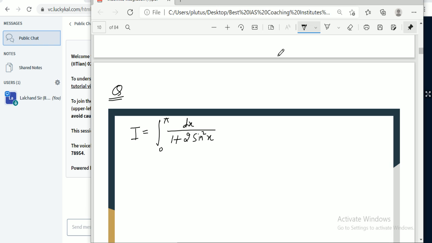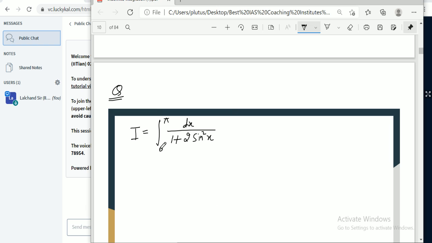Is there anyone who got the answer? Is there anyone who got the correct answer? No. Okay, let us try to solve this.